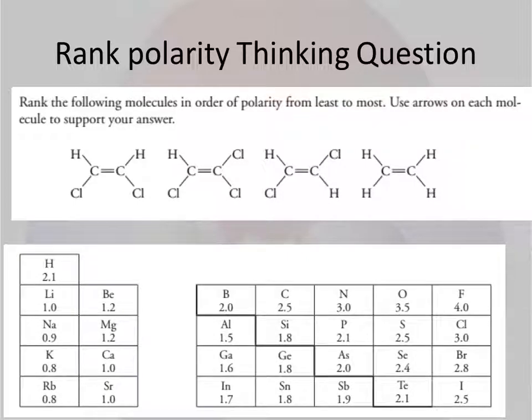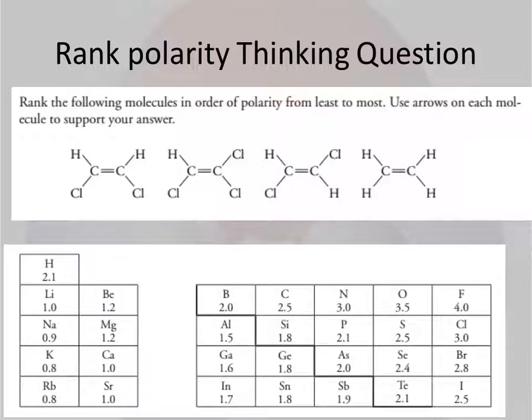All right, looking here, we're going to rank the molecules in order of polarity. We want to go from the least polar to the most polar. So if you're looking here, I'm just going to label all of our polar bonds. We know that CH bonds are considered nonpolar, but CCl bonds are considered polar.